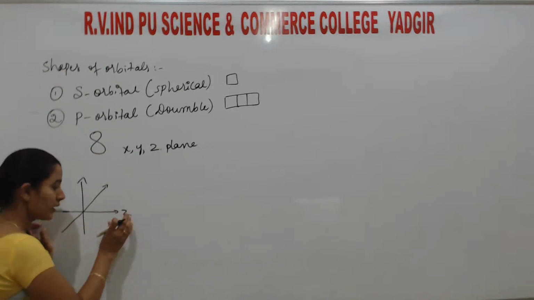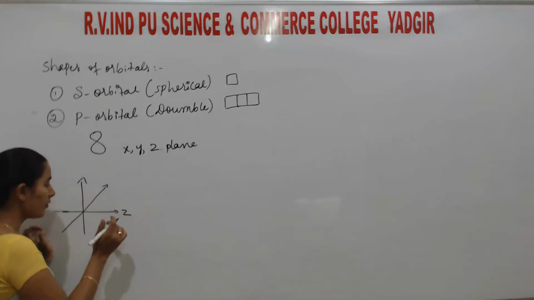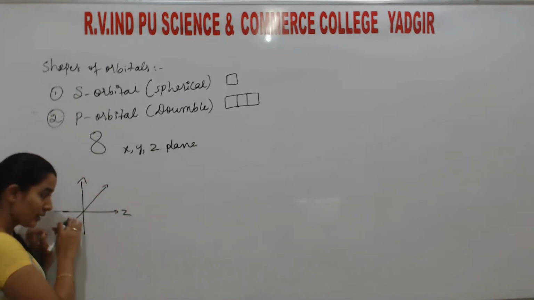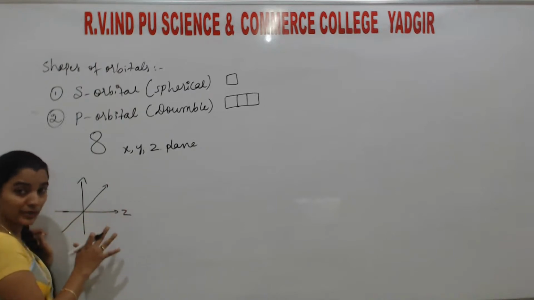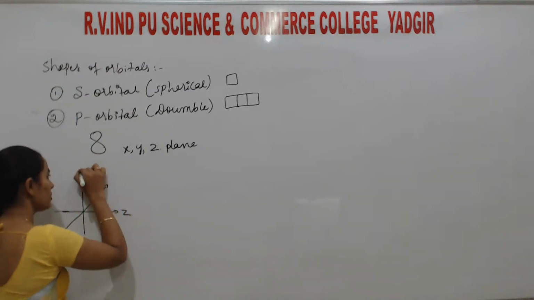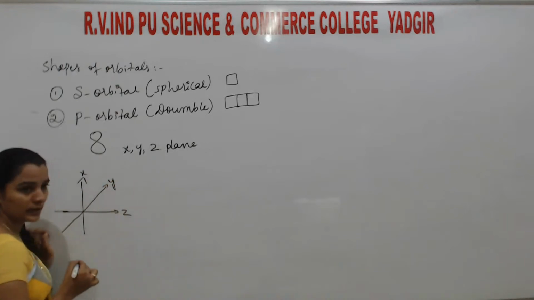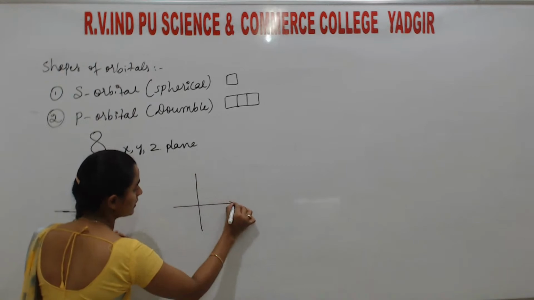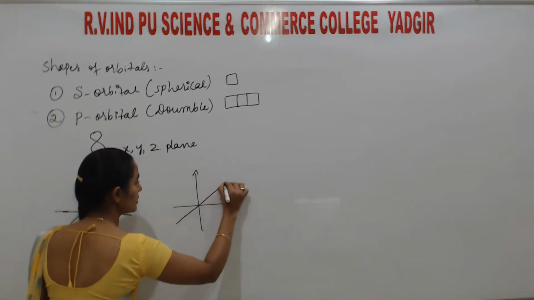Always we take Z in horizontal manner, Z is horizontal for orbital symmetry. Okay. So you may take X, Y. One is in the X plane, one is in the Y plane, another one is in the Z plane.